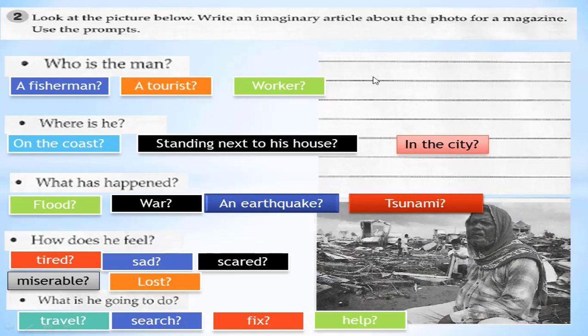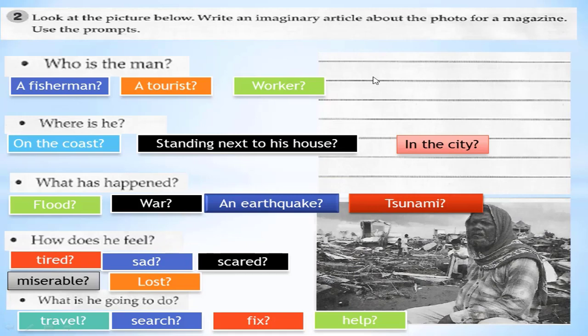So introduction, paragraph 1, paragraph 2, paragraph 3, and each paragraph should contain a topic sentence. After the topic sentence, you have to support your topic sentence with details. We call them supporting details. So, topic sentence, give an idea, explain the idea, give examples. So this is the article.